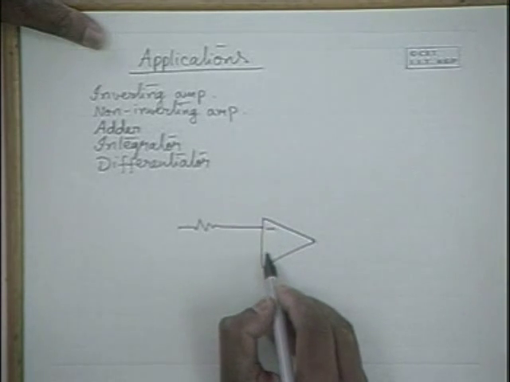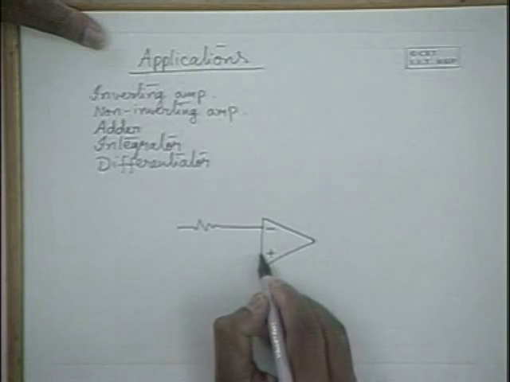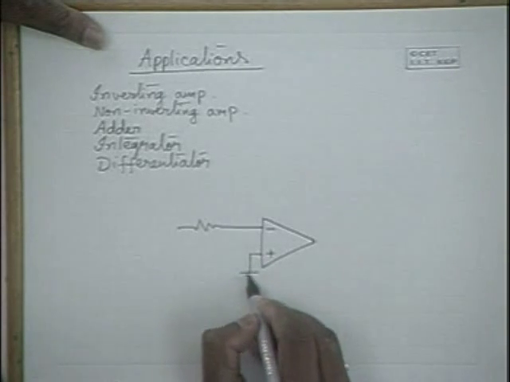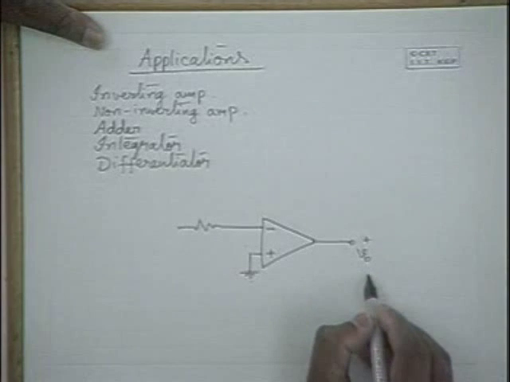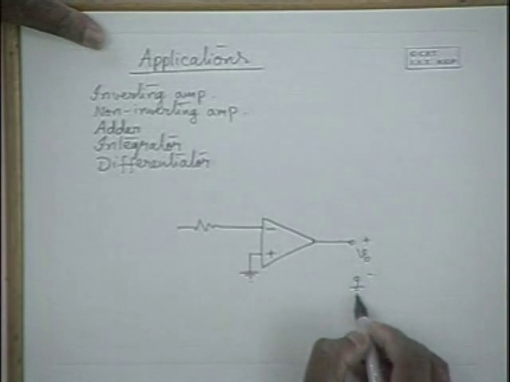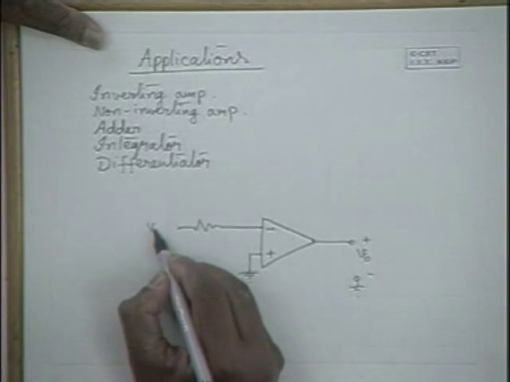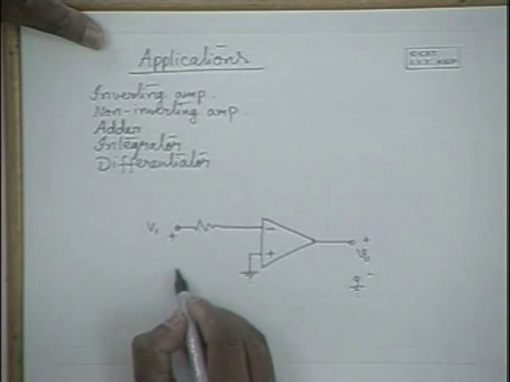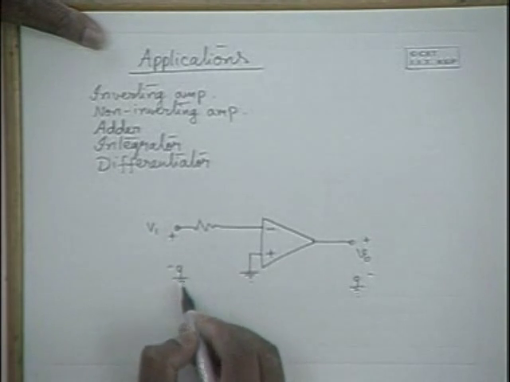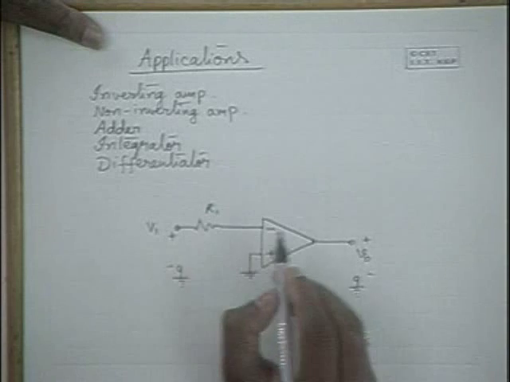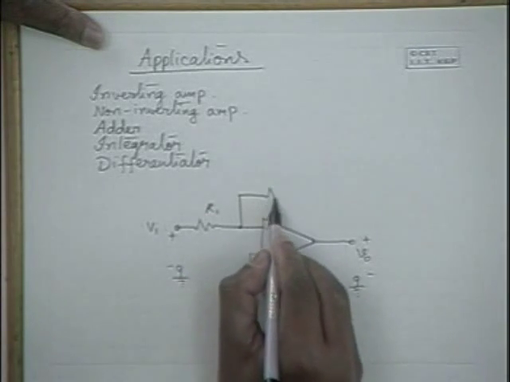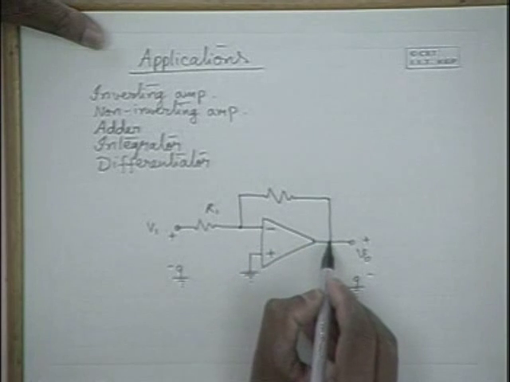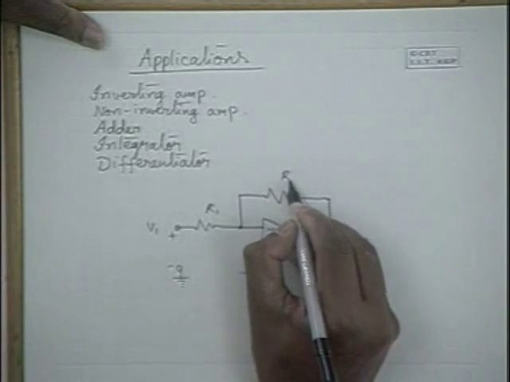So this is the operational amplifier, this is the inverting terminal, and this is the non-inverting terminal. This is the output point. This is the input resistance R1, and this is a feedback resistance between the output point and the input point.